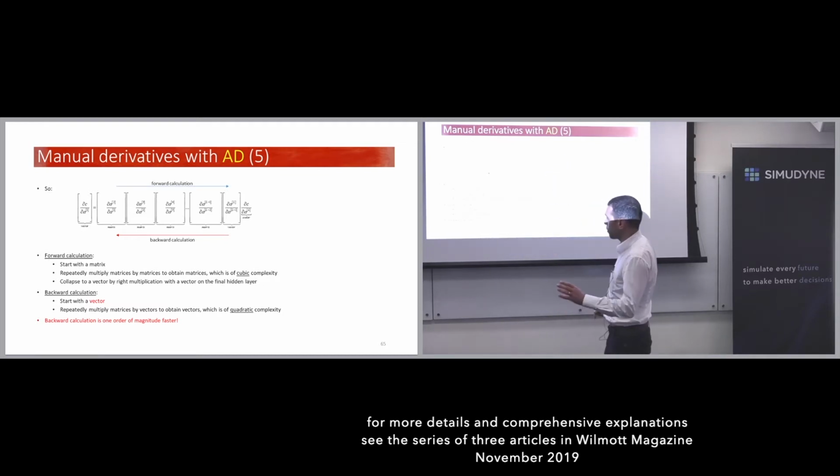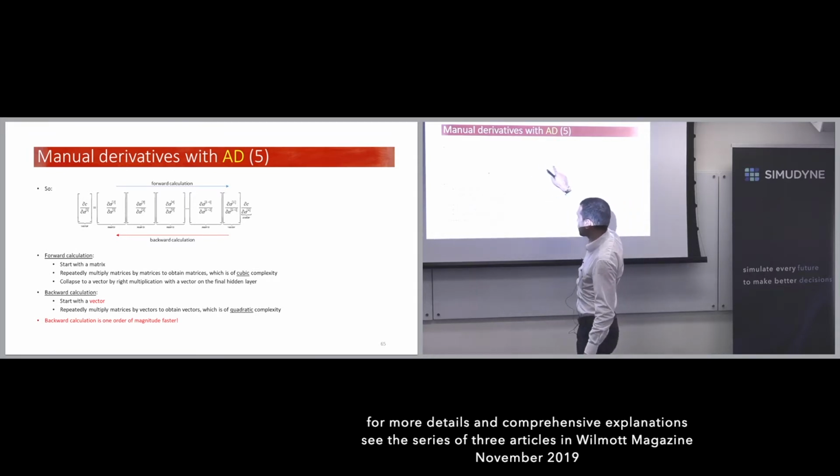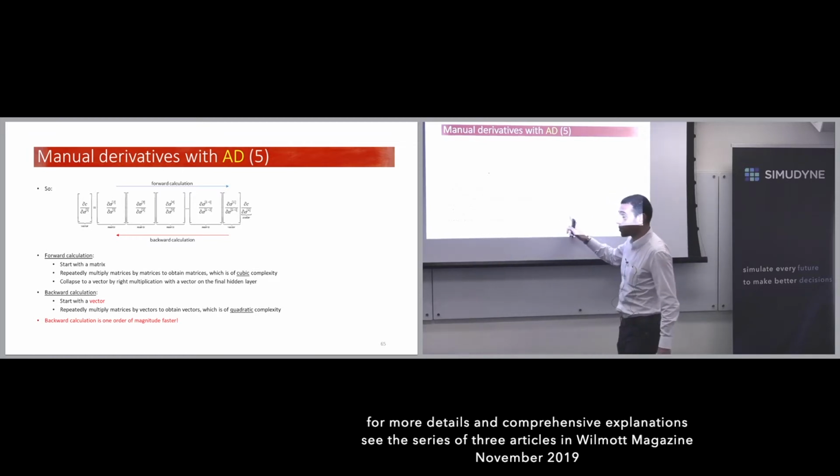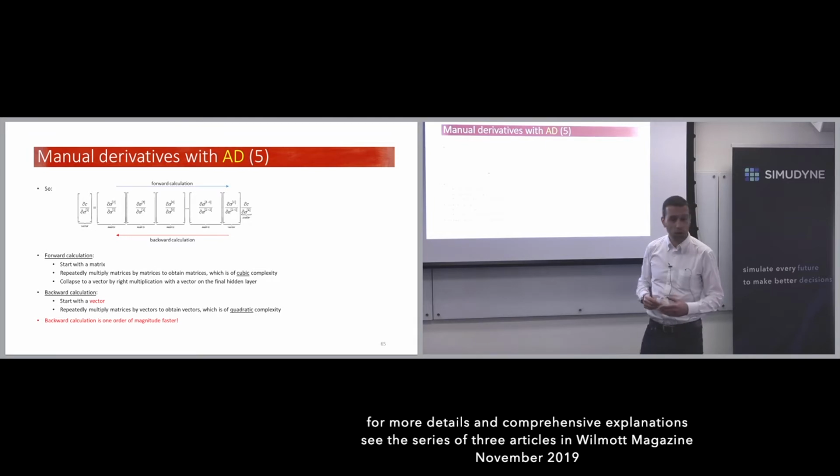So we start with a vector, and we repeatedly multiply matrices by vectors to obtain vectors, which is of quadratic complexity. So to calculate the same matrix product, doing it right to left gives us one order of magnitude: we calculate the same number a lot faster by calculating it right to left than left to right. And this is the principle of backpropagation.